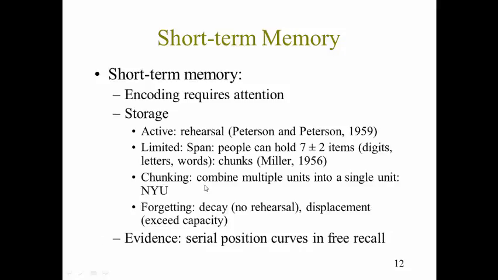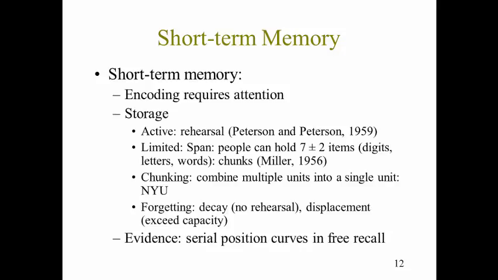And chunking is a way to kind of exceed this strict limit in terms of capacity. So for example, if you would ask people on the street to remember a sequence of letters, and you gave them the letters N, P, T, N, Y, U, K, L, the NYU to them would use up 3 slots, because those 3 letters are not one meaningful unit for them.